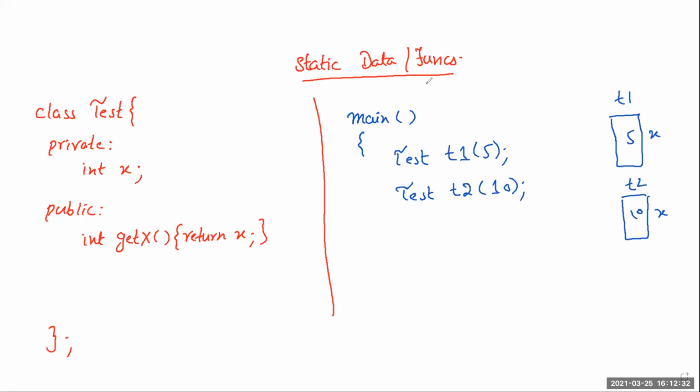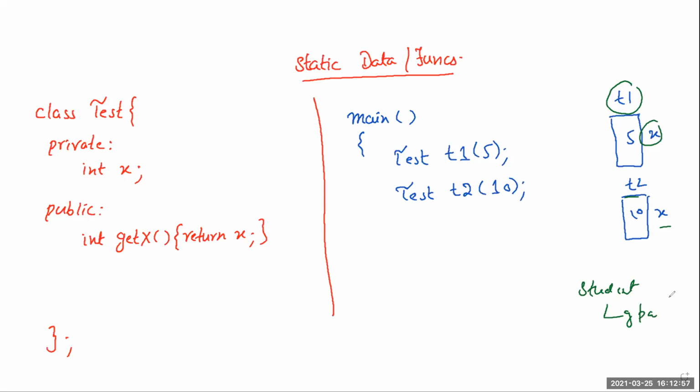In other words, t1 has its own x, t2 has its own x. Just like if I have a student class and there is a data member which is GPA, every student will have its own GPA, right? Means there are separate 4 bytes for every student in which the GPA is stored. This is what we already know.